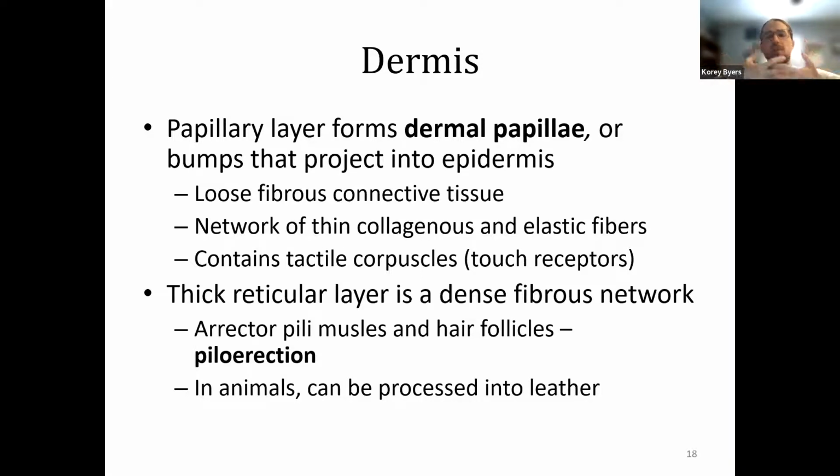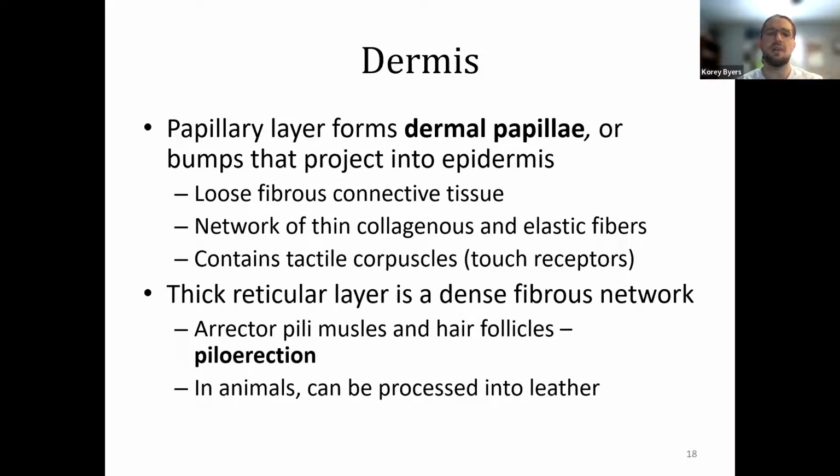And so it's filled with loose fibrous connective tissue and different elastic fibers and touch receptors. If this is your skin barrier, these dermal papillae are kind of branching up in there. So instead of being a flat connection, it allows a joining of the two. And so it just allows for strength between the epidermis and dermis, as well as giving more sensation to touch.